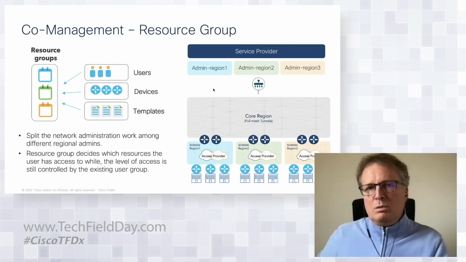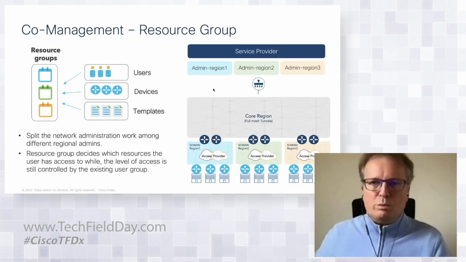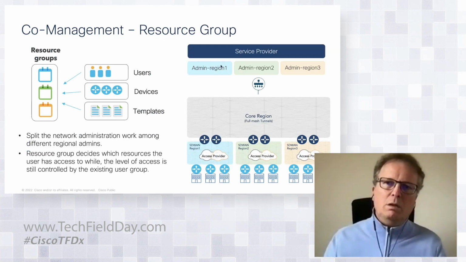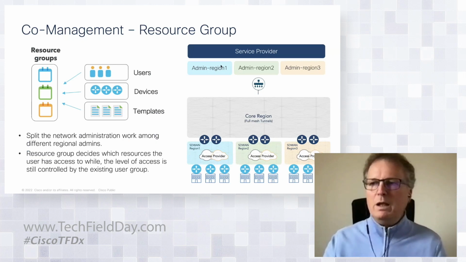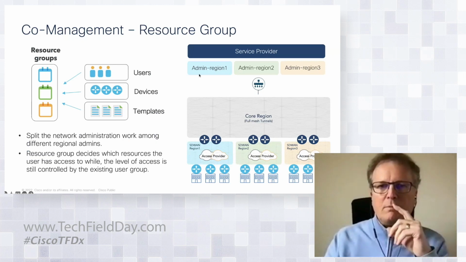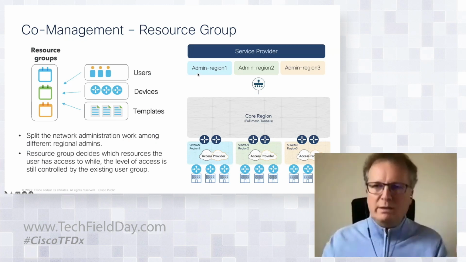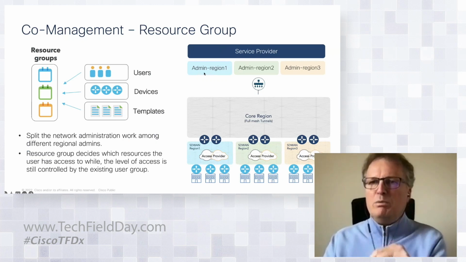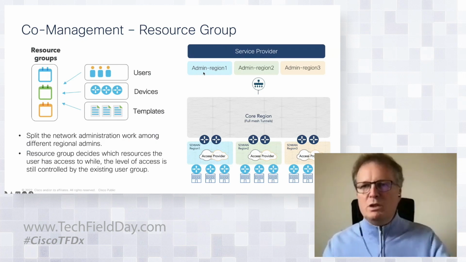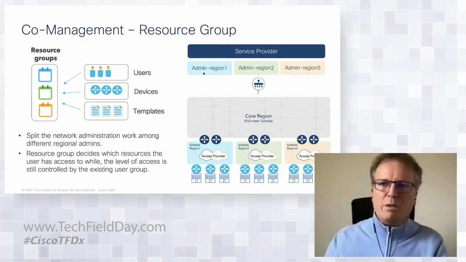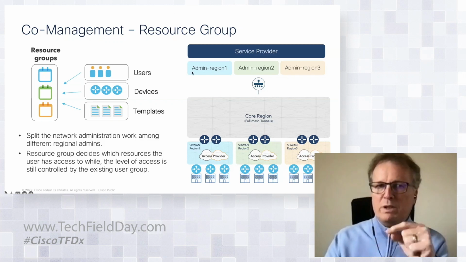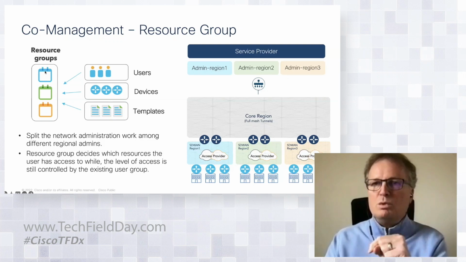Along with that, we also have this resource group. The idea is, especially for large-scale, worldwide deployments, you usually have an admin per region, or a team in the US, a team for Europe, a team for Asia Pacific. Now, inside vManage, you can create a resource group and allocate the devices into it.